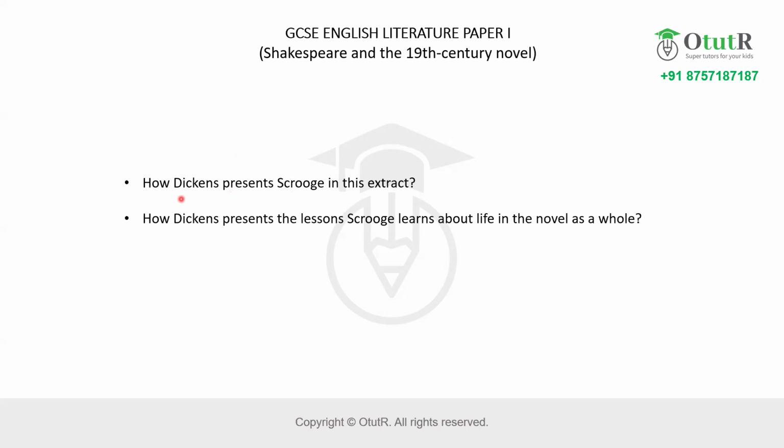How Dickens presents Scrooge in this extract, the one given in the question, and how Dickens presents the lessons Scrooge learns about life in the novel as a whole, where we are again going to look at the character arc of Scrooge and include evidence accordingly, which is relevant to the question.